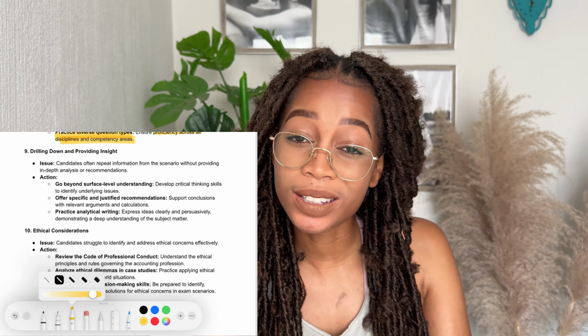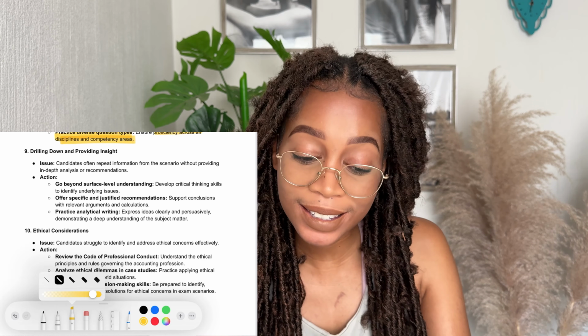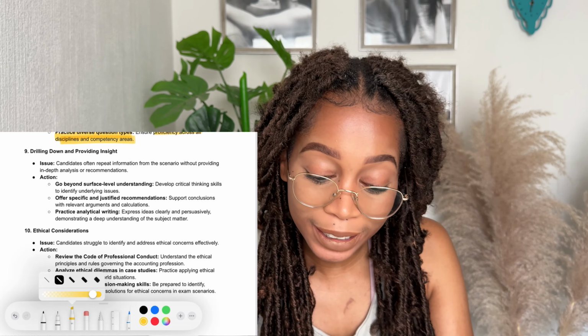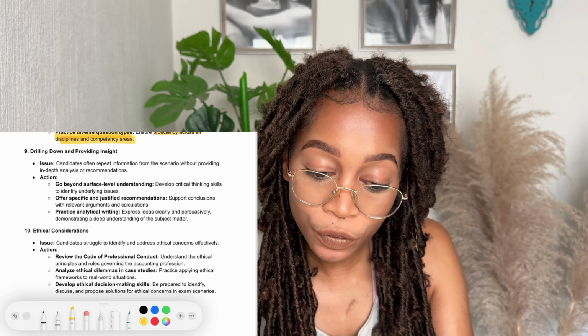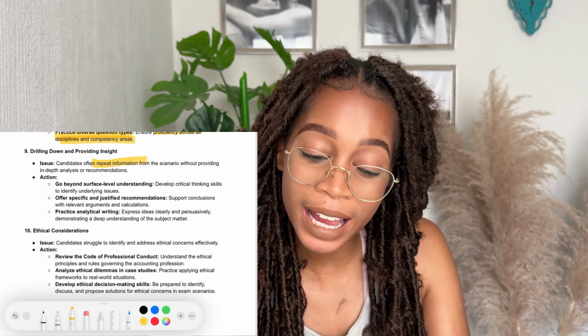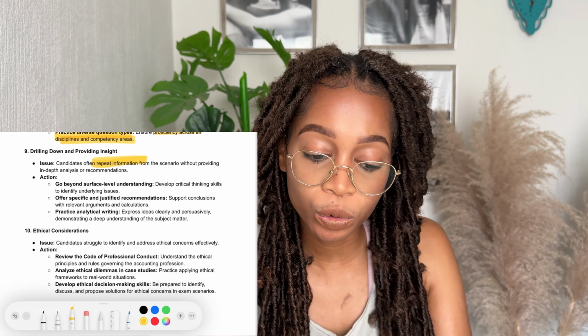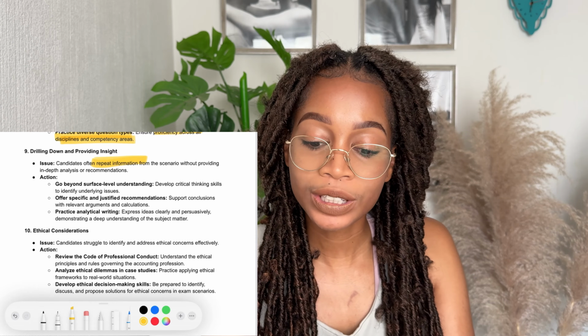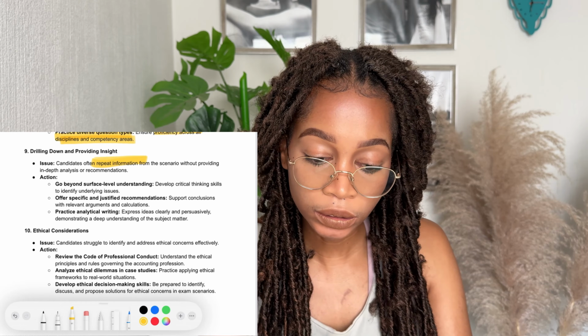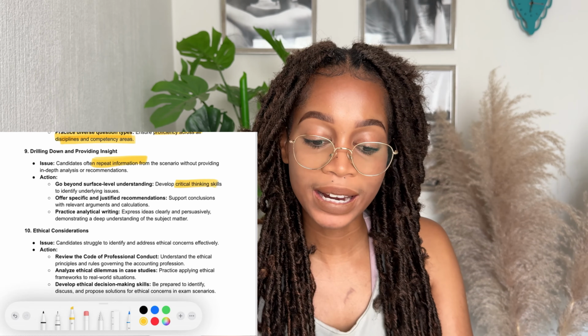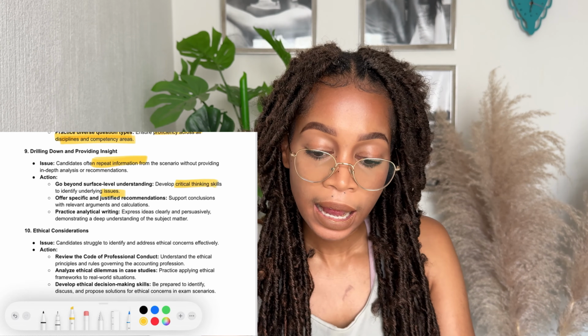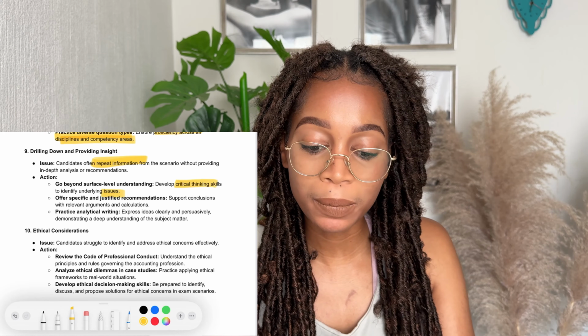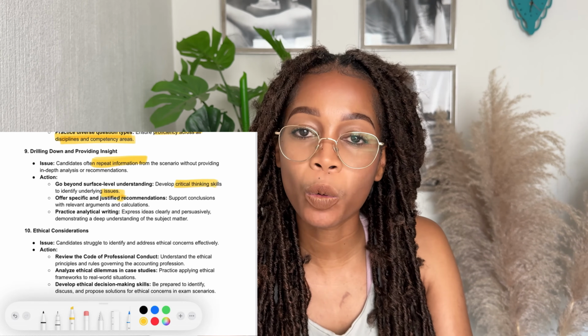Because if you say what you say and you mean what you say and you back what you say, there's no reason why you'll repeat that information. So don't just be surface level. Critically think about what you're writing down, and also what is the issue at hand, and address the issue at hand. Make sure that even if they say recommend, again, back why you're saying what you're saying.